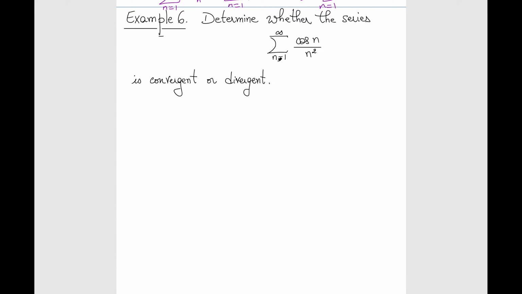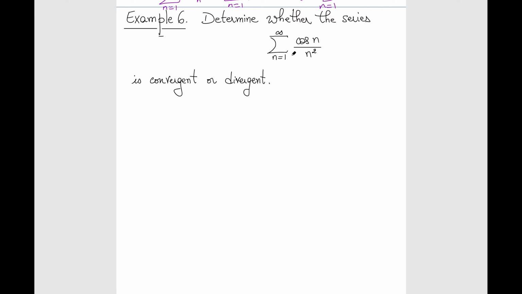The signs are changing in a very irregular manner, and as such, we cannot use the alternating series test because the terms are not alternating in sign. But what we can do is talk about the absolute value of these terms.